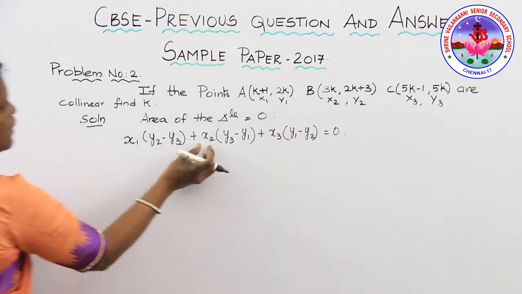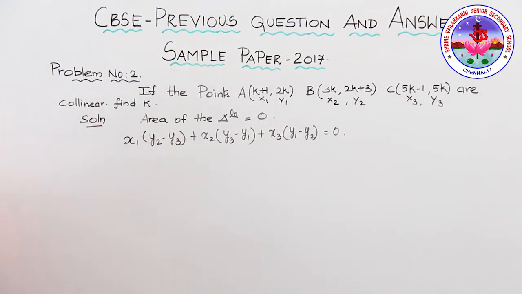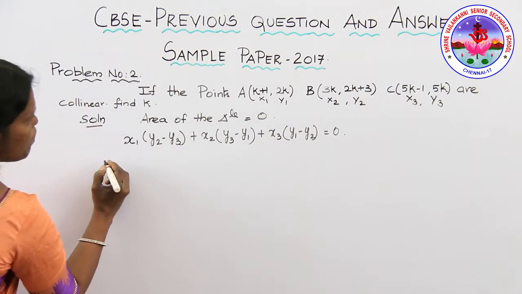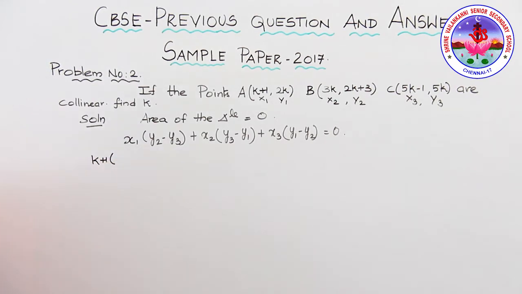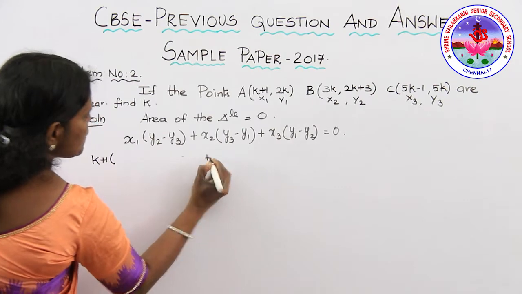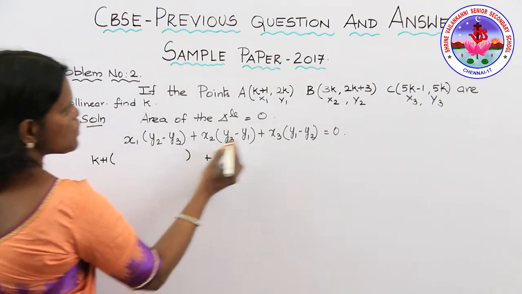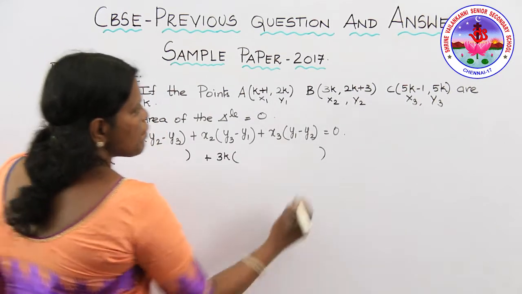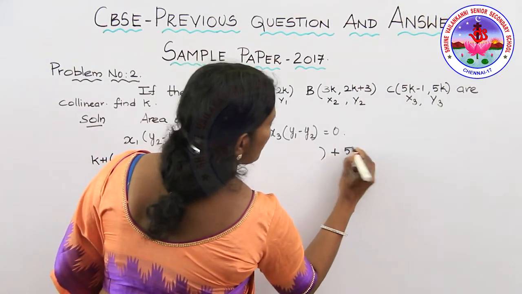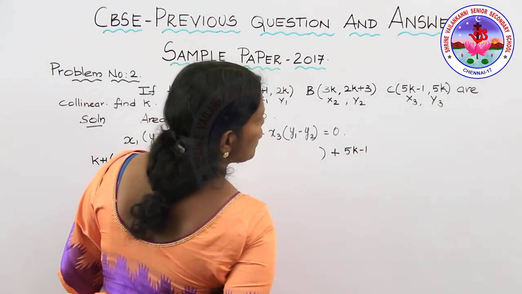So first let us substitute x1, x2, x3. I will be having k plus 1, and leaving some space here, x2 is 3k, and x3 is 5k minus 1.